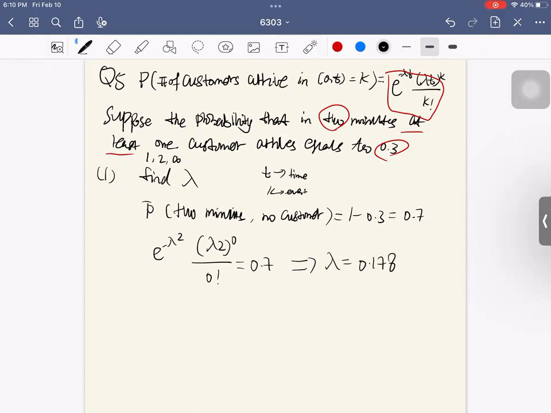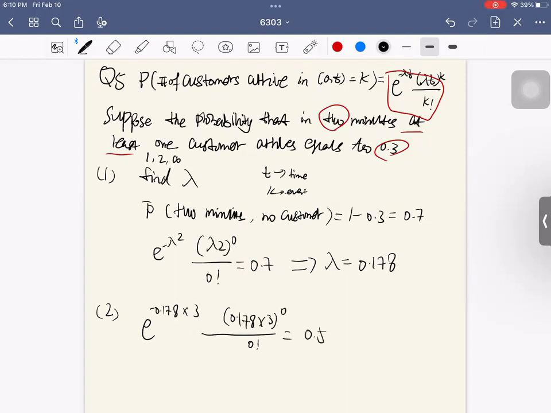The second question asks us to find the probability that in 3 minutes, no customer comes. Since no customer comes, we can just plug in those numbers, and the lambda value we already know. In 3 minutes, T is 3, and lambda times 3, no customer, so K is 0.